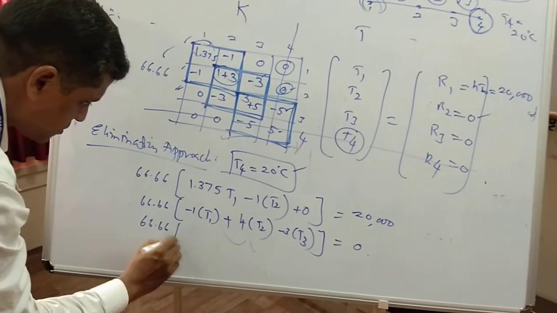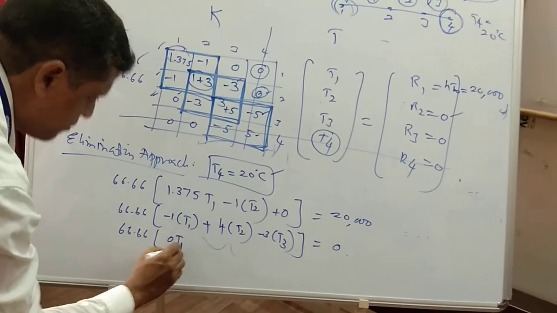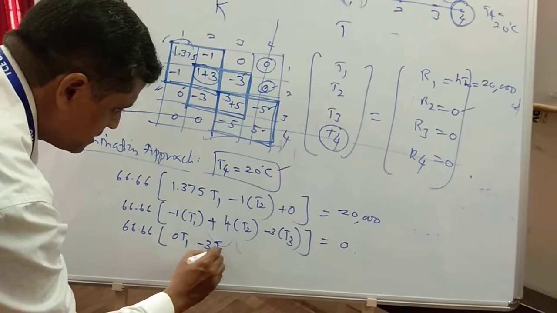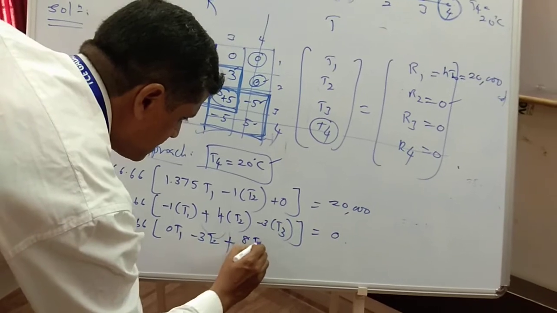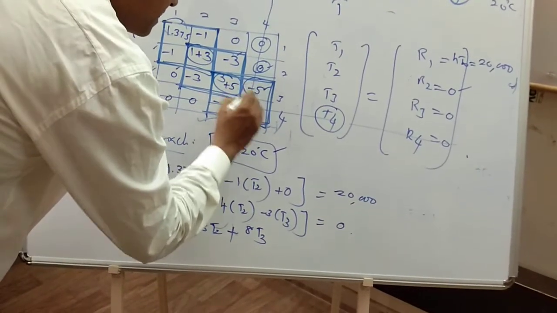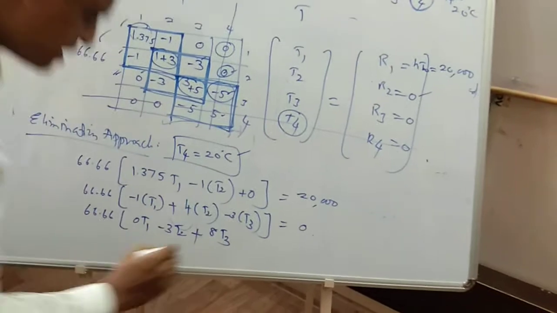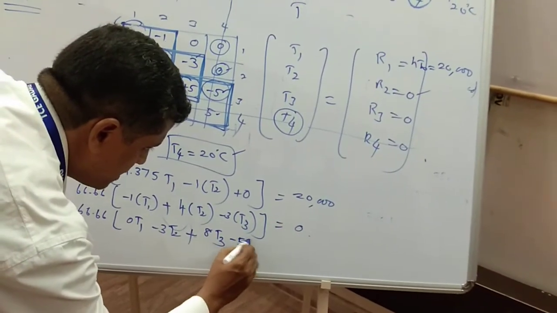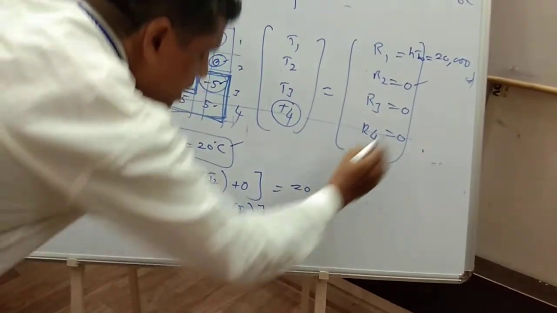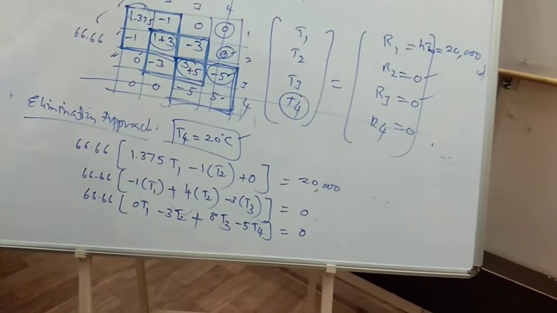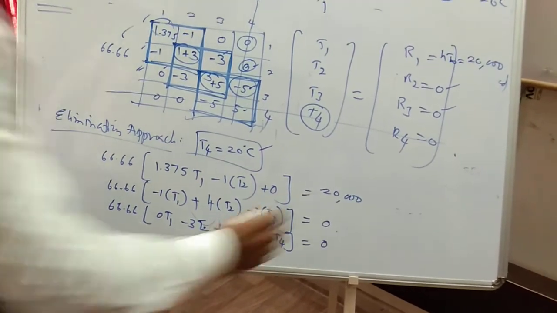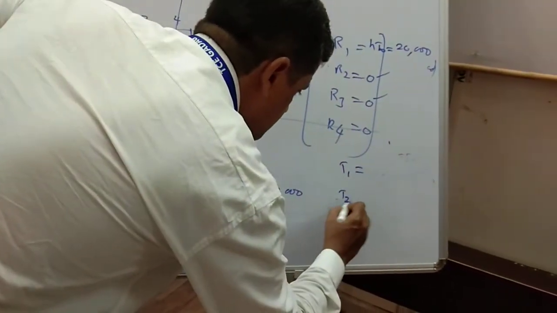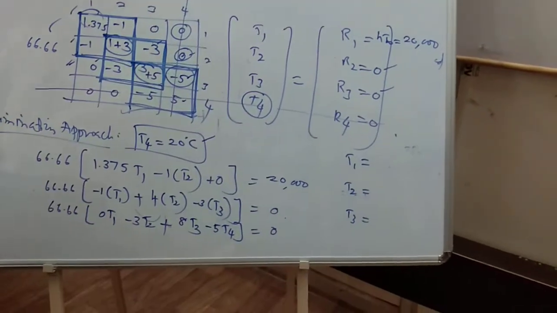Next, the third equation: 66.66 common outside, 0 T1 minus 3 T2 plus 3 plus 5, that is 8 T3, and minus 5 into T4, is equal to R3 which is 0. Now we will solve these three equations to get T1, T2 and T3.